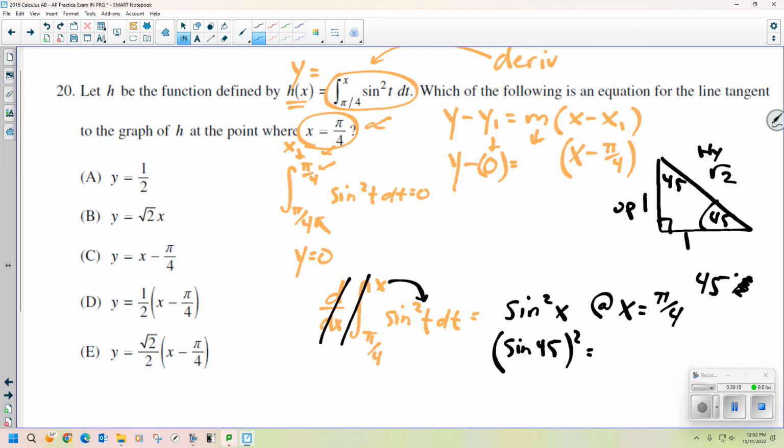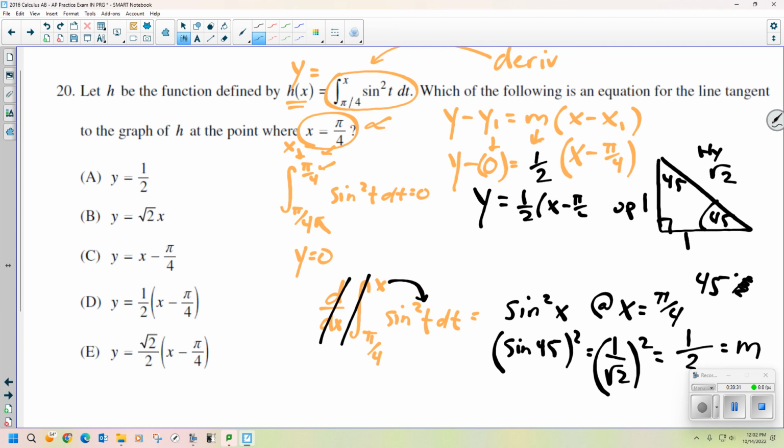So it's 1 over radical 2, and I have to square the whole thing. 1 squared is 1. If I square radical 2, it's 2. That's your slope, 1/2. So y minus 0 is just y equals 1/2 times x minus pi over 4.